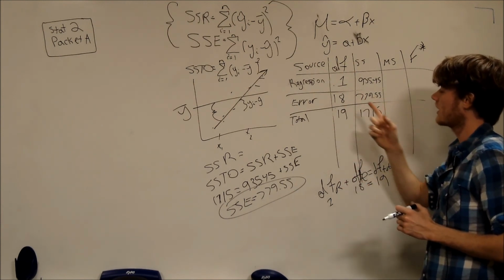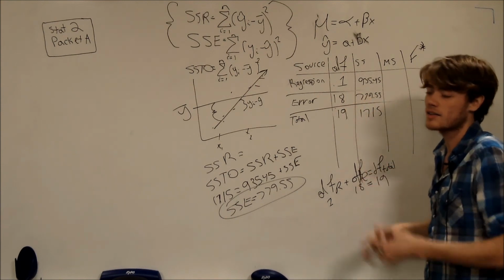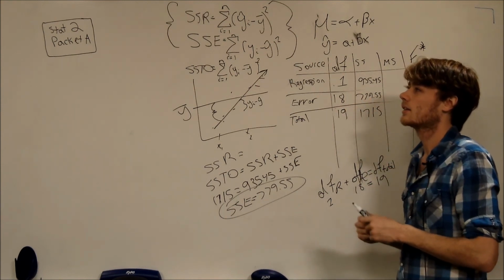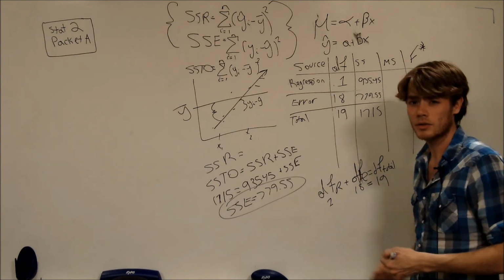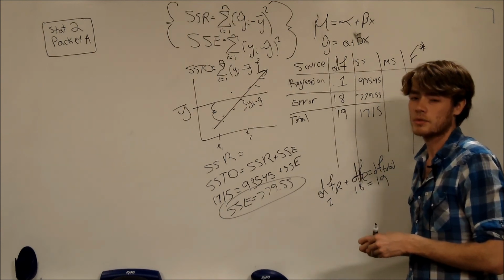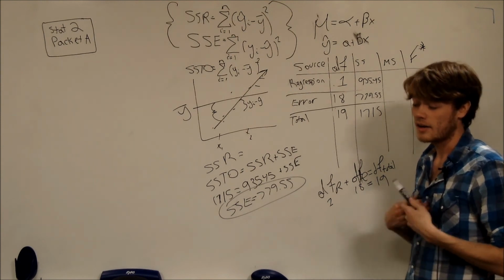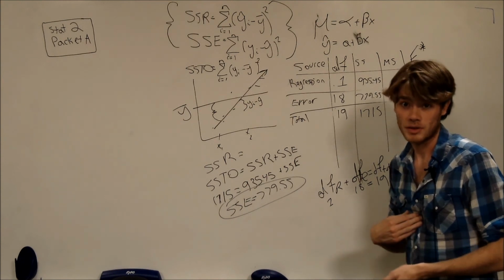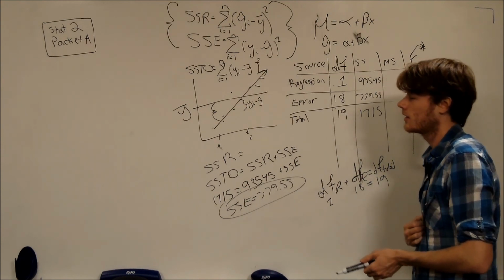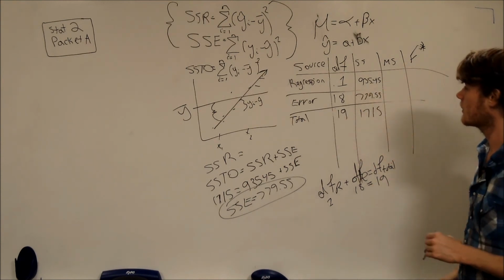So you divide SSE by 18. That's kind of like a heuristic, a literal kind of description of it. It's not exact, and I don't know why. You guys don't need to know why. They haven't told me yet. So just for now, take my word for it.